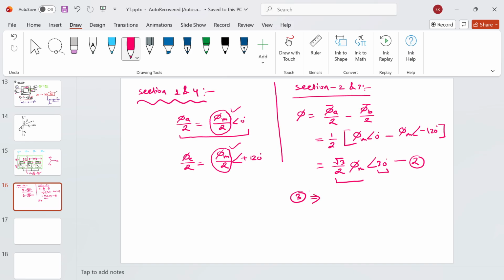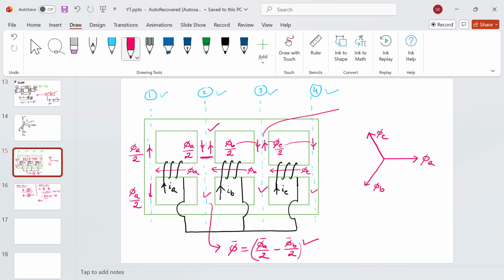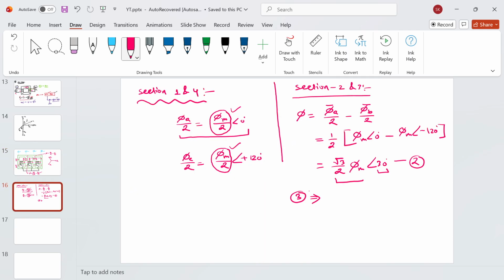For section 3, you have this particular scenario: phi is equal to phi B by 2 minus phi C by 2. So phi is equal to half of phi B minus half of phi C, half phi m at minus 120 degree minus phi m at 120 degree.